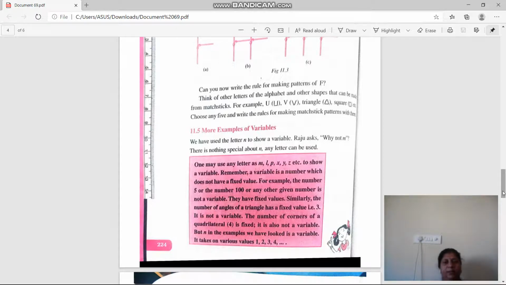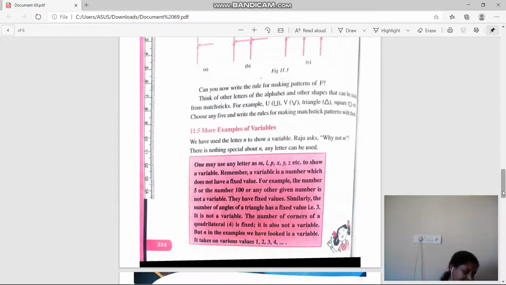The name itself tells us a variable is changing. For example, the number 5 or the number 100 or any other given number is not a variable, so they have fixed values. Similarly, the number of angles of a triangle is fixed, that is 3. It is not a variable. The corners of a quadrilateral are 4, fixed.